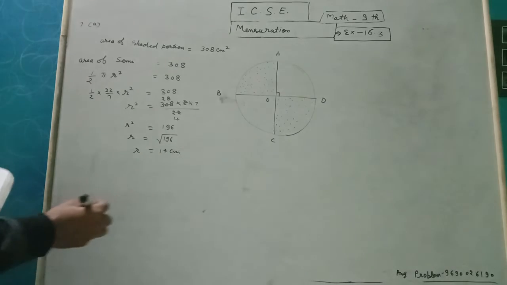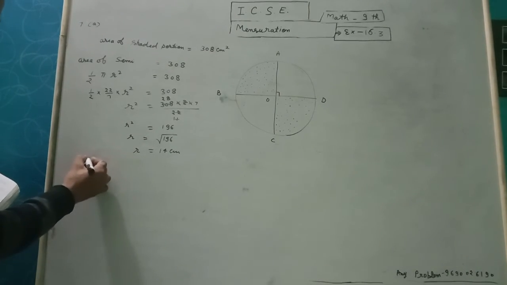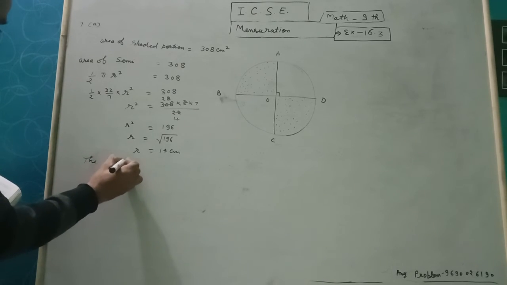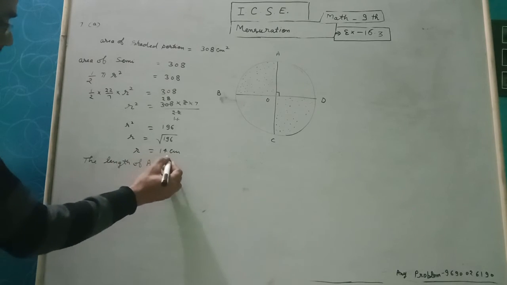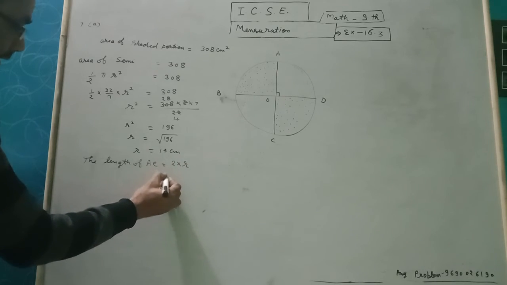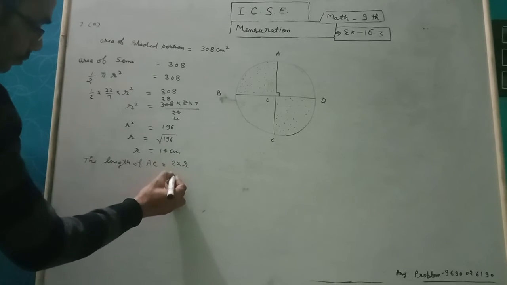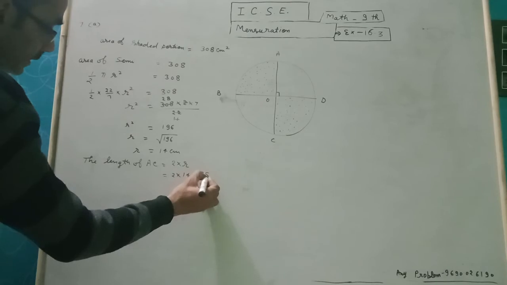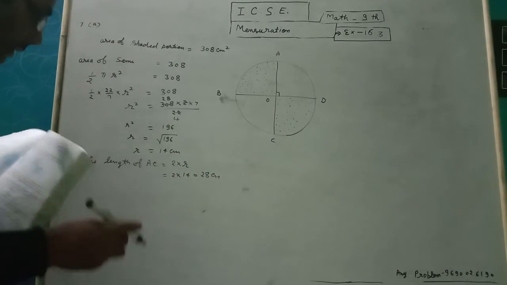So radius is 14. The length of AC is equal to 2 into r. Diameter AC, 2 into 14, 14 twos are 28. Length of AC is equal to 28.